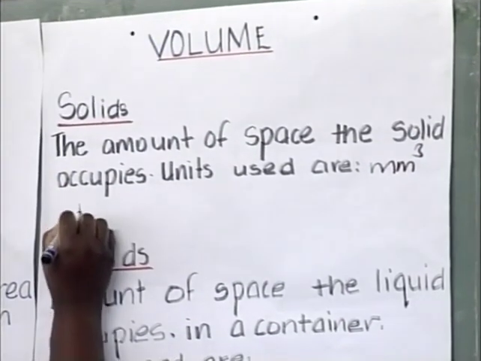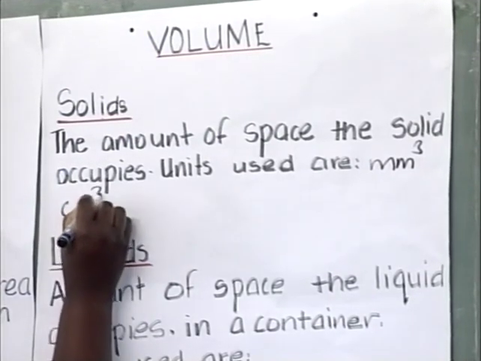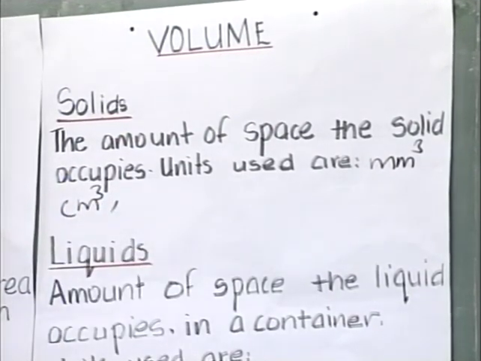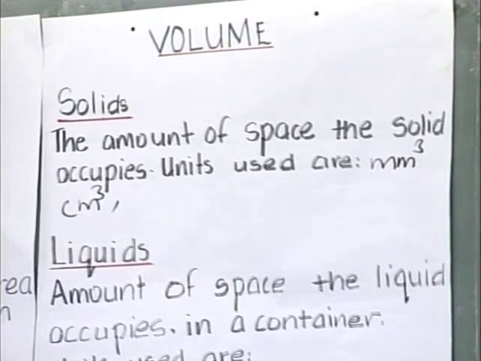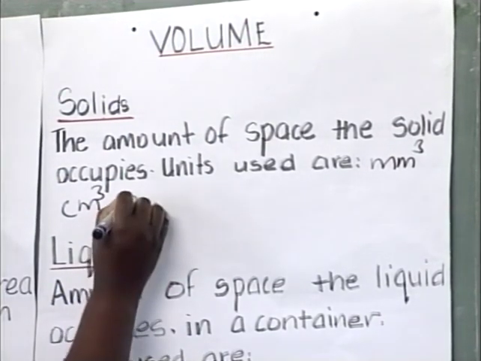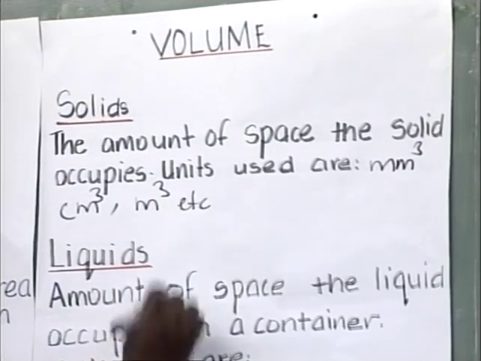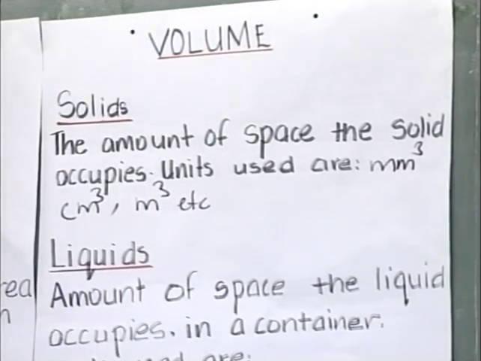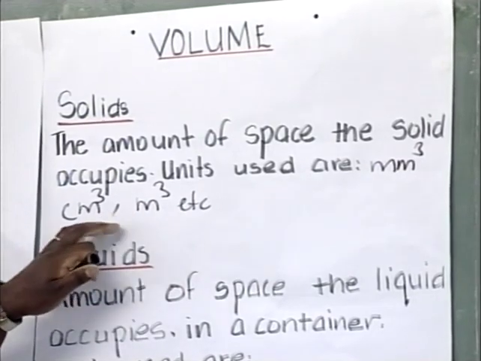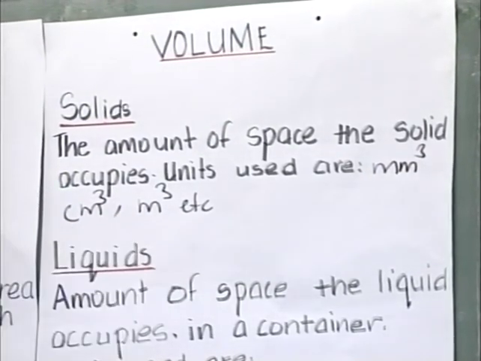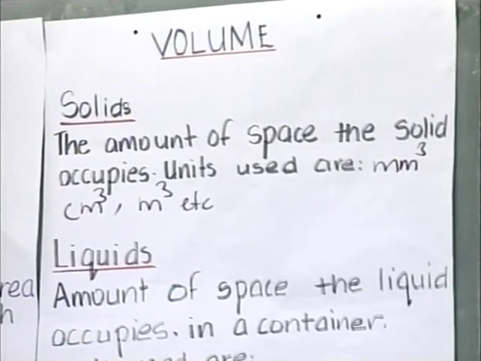Cubic centimeters. Livingston, next. Cubic meters. Okay, and you can also use cubic kilometers, and so on, but these are the main ones. Usually cubic centimeters and cubic meters are the ones that I use more often.